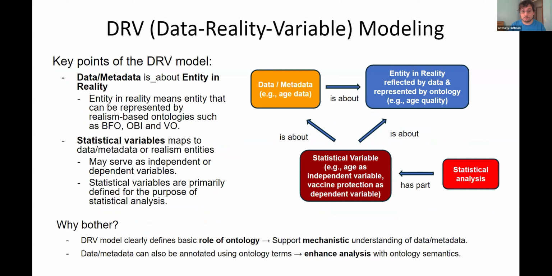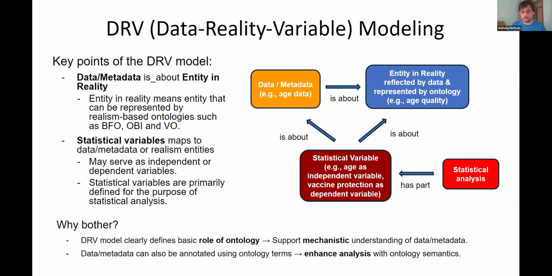So to try to elucidate these relationships and be more clear, we worked on this data reality variable model. At the most basic level, and I'm sure most of you are familiar with, we have either data or metadata, which reflect some entity in reality. This is something that we can represent ontologically as either an entity or a specific quality.